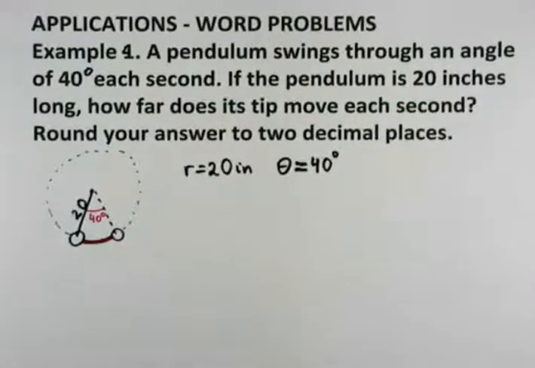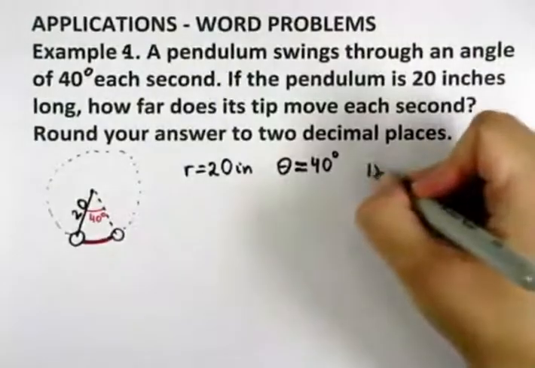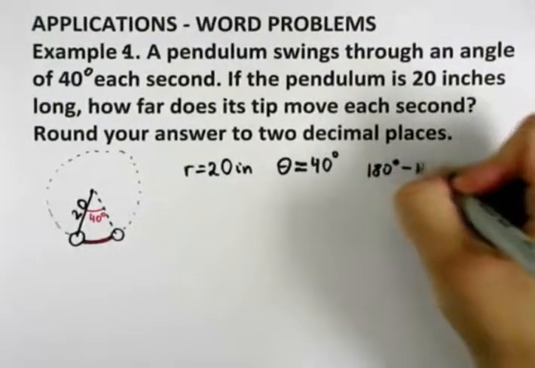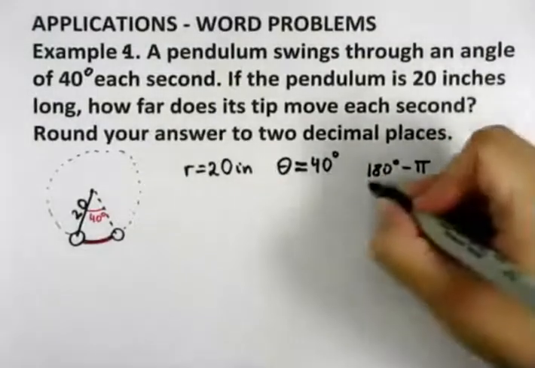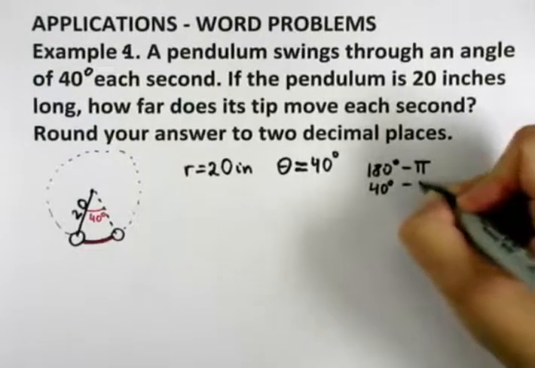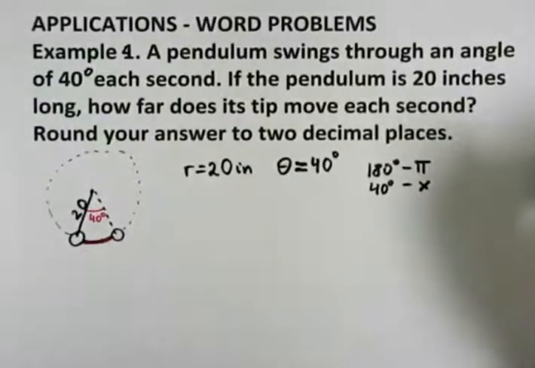And the arc length is R times theta, but theta must be in radians. So first thing we need to do is change degrees to radians. 180 degrees is pi radians, 40 degrees is x.